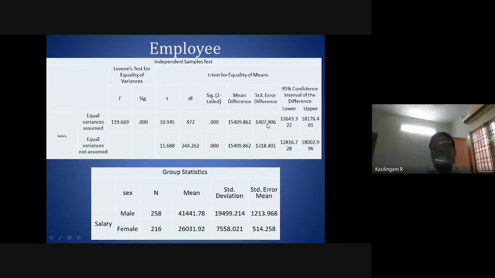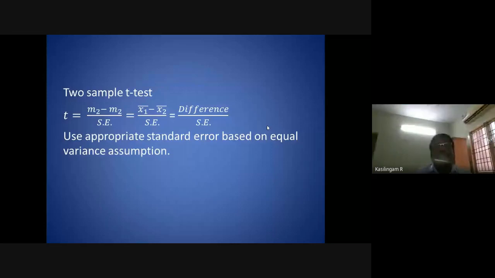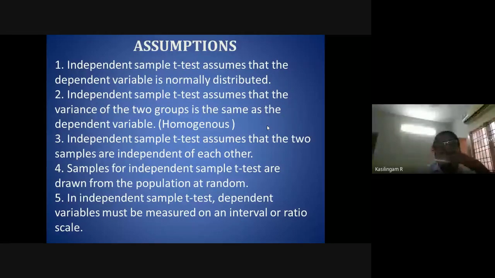Now we need to know what the standard error is. So how is it calculated? Now this is a one sample, two sample t test. What is the two sample t test? That will come.